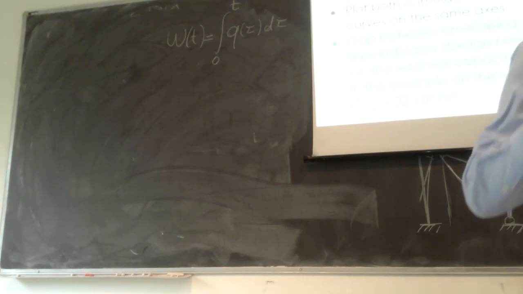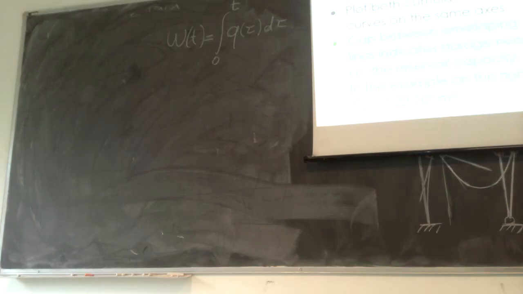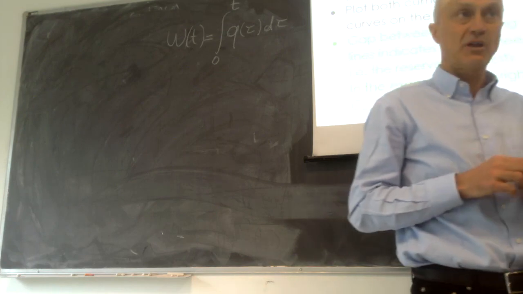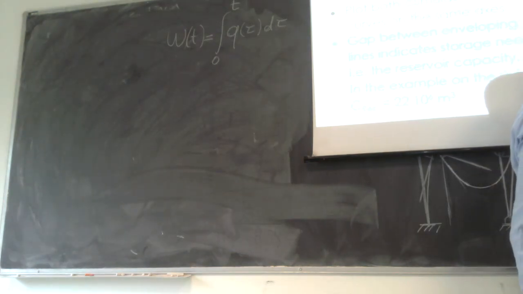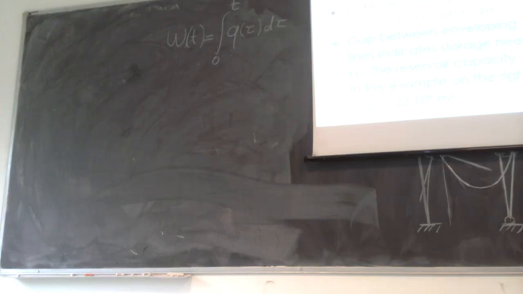The beauty of this approach is that it can also be interpreted graphically. Okay? You take the turbine flow mass curve and you move it down until it becomes tangent to the black line.